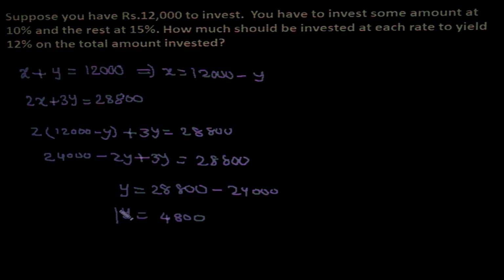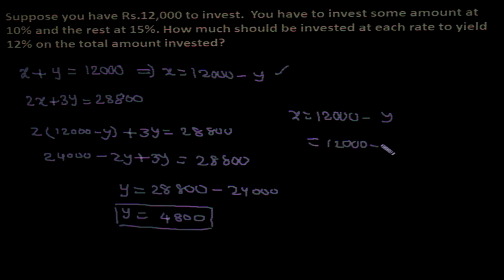Substitute this value of y in the first equation. x is equal to 12,000 minus y. y is 4800.